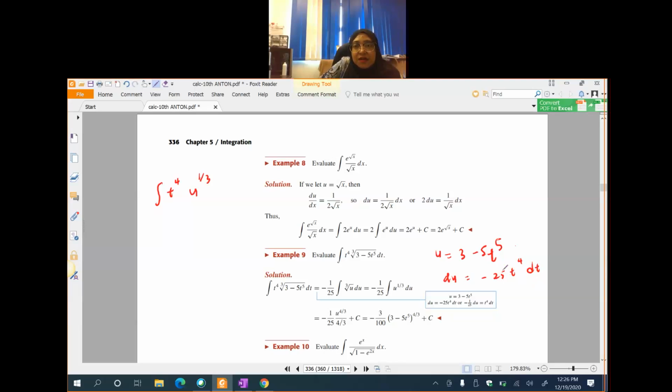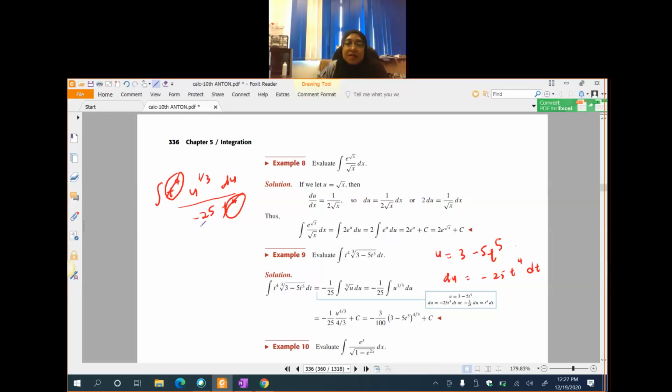You make dt the subject, you will get du over negative 25 t to the power of 4. So this t to the power of 4 can cancel out with this one. Okay, so what is left is just the constant. The constant is not something that you should be afraid of. A constant can always be taken out from the integration sign.